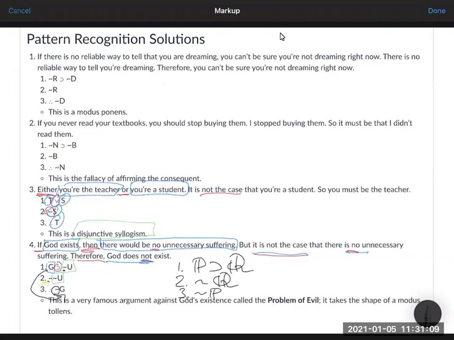So that is, of course, the conditional, the negation of the consequent, therefore the negation of the antecedent. That is standard modus tollens. So I hope that helps.